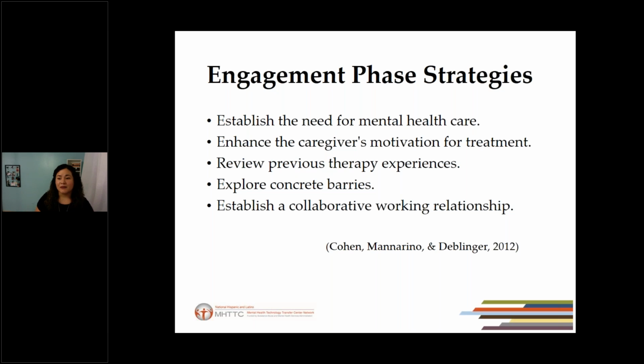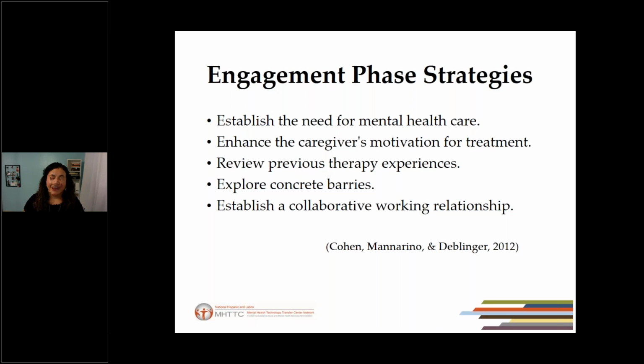And also, some of the things that we can use to establish engagement for mental health care. It means providing psychoeducation to the parents about why it is important to be inside therapy sessions, and also enhancing the caregiver's motivation for treatment. Maybe the parents go there to receive services, or their PCP referred them, and they don't even know why they're there.